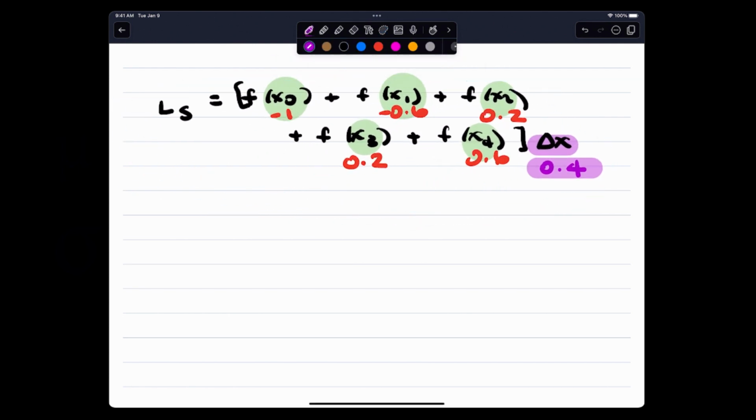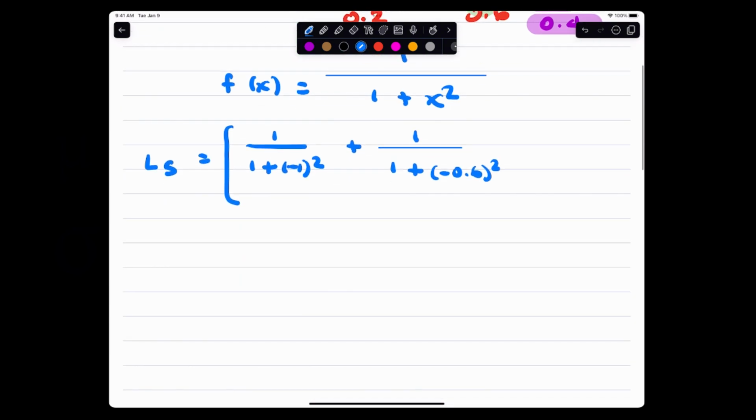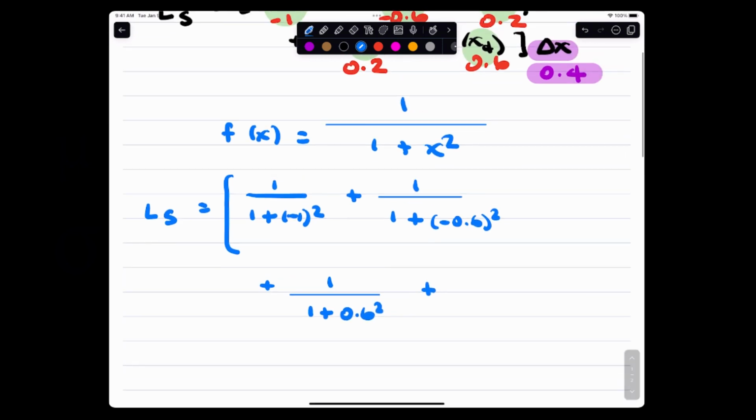Okay, so here's your function. So ideally, here's what L5 would look like. 1 over 1 plus what? -1 squared. Because that's the function. 1 plus -0.6 squared. Oops, that's negative.